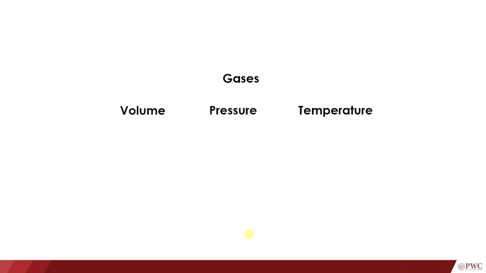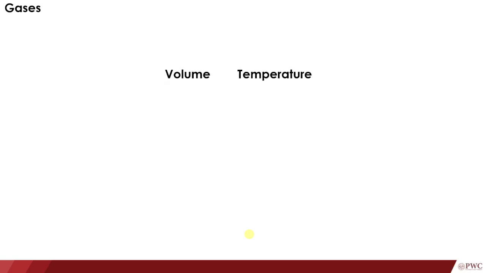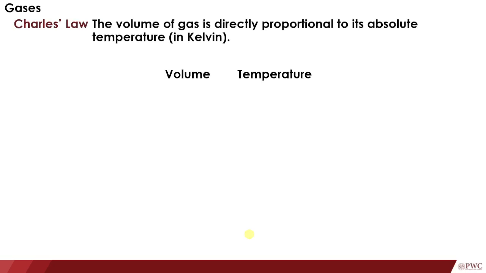Let's proceed to the relationship between the volume and temperature. The relationship is described by Charles' law. It states that the volume of a gas is directly proportional to its absolute temperature in Kelvin. So here, the temperature must be converted to Kelvin if it's given in degrees Celsius or degrees Fahrenheit.